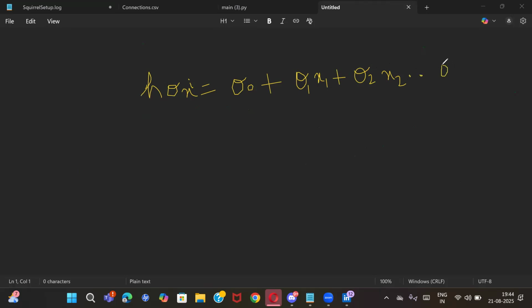Till theta n and xn, right? It will be a plus sign here, and similarly here, dot till theta n and xn. So basically, what is this? This is my final cost function.